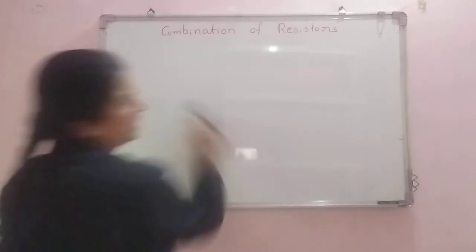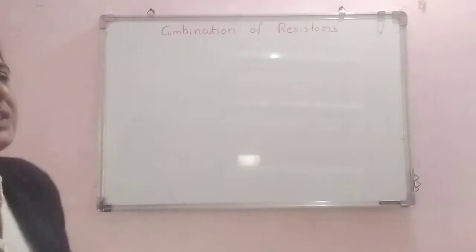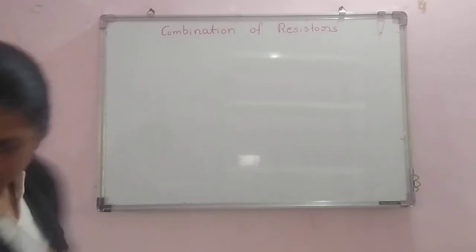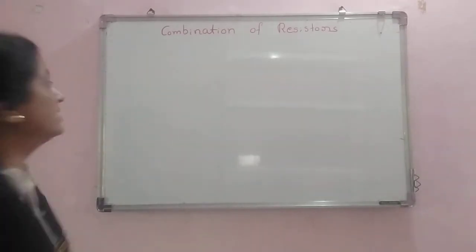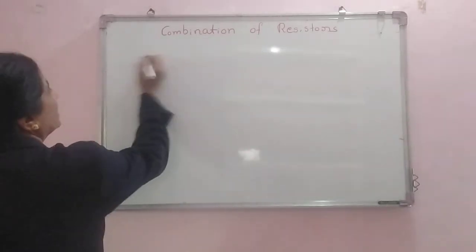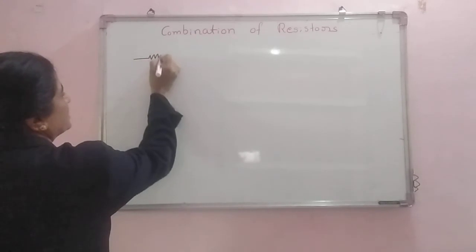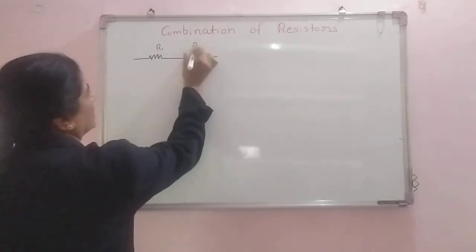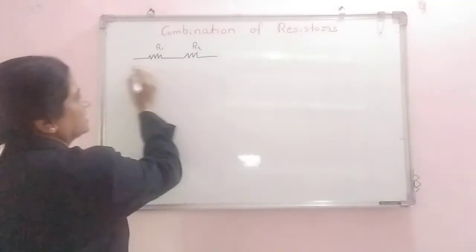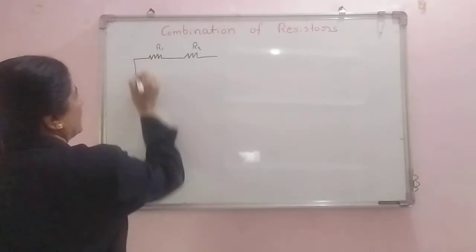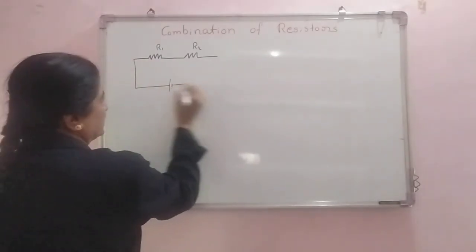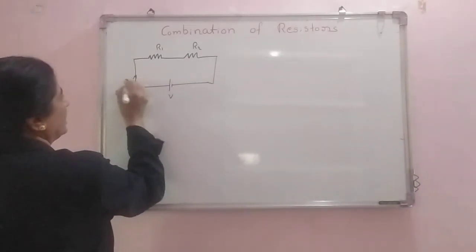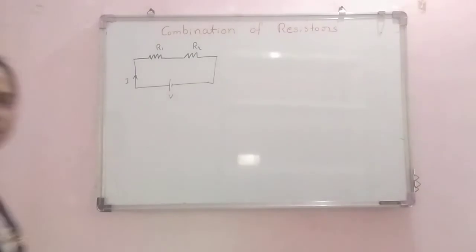In series combination, a number of resistors are connected in a single path. Let us consider two resistors R1 and R2 connected in series, in a single path, where V is the applied voltage. There is a flow of current I through the resistors R1 and R2.